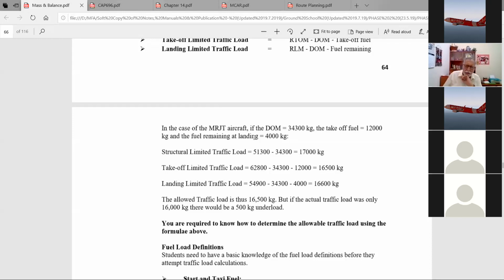Fuel remaining at landing 6,000. Actual traffic load today 3340. Using your MRJT figures, there is no performance limited takeoff mass or landing mass. What is your underload for today?